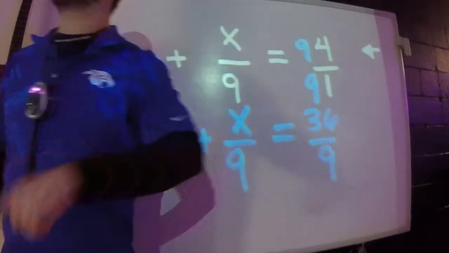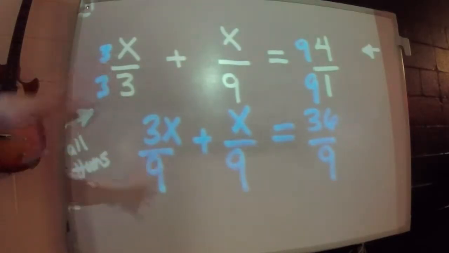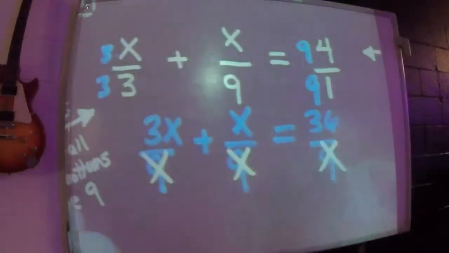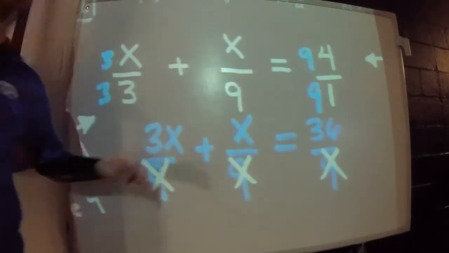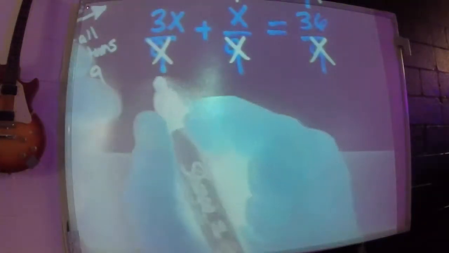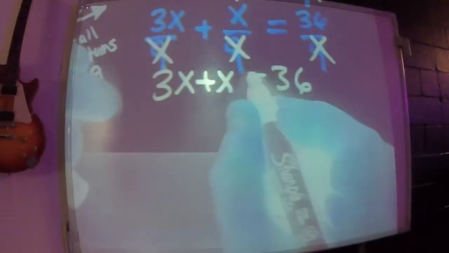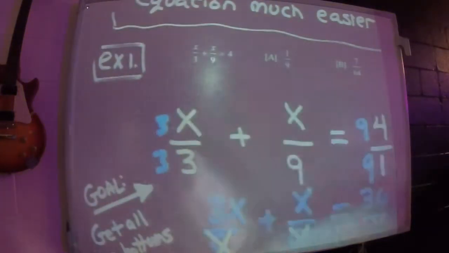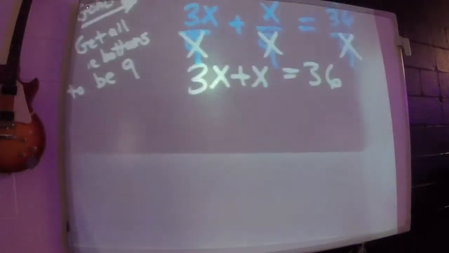If every piece is a fraction, I mean every piece, there's 3 pieces and they're all fractions, and every piece has a 9 on bottom, you are allowed to kill the fractions by crossing out the bottoms like they didn't even exist. And so now the problem really becomes much simpler. It's just 3x plus x equals 36. That is way simpler than what this is. And these will get even, this is not even the ugliest one you're going to see. They'll get even uglier, but you can make them way simpler.